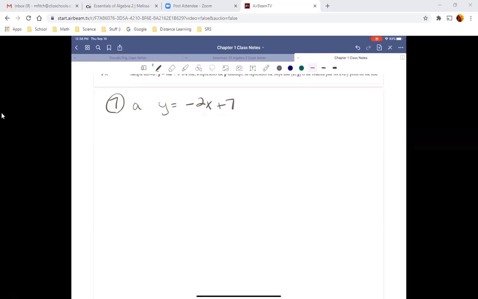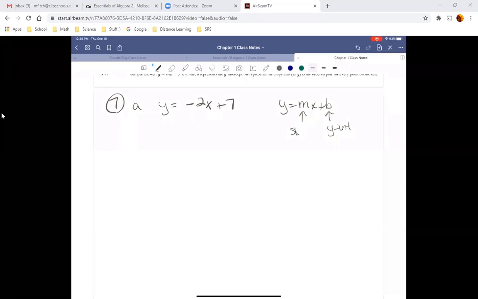The way that this one's technically written, it's in that y equals mx plus b form. So it's in that slope-intercept form. So this tells you this is the y-intercept, and this is always your slope. Good job. Okay. So if I go to graph this, making a perfect little xy coordinates.